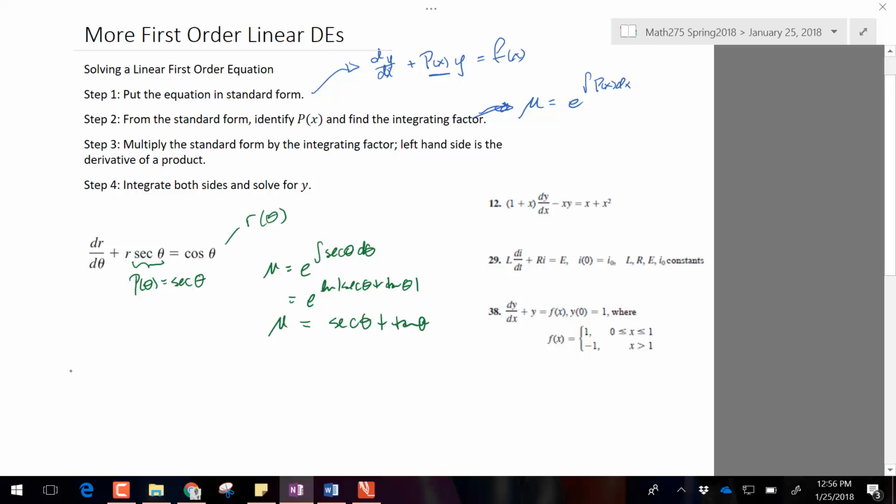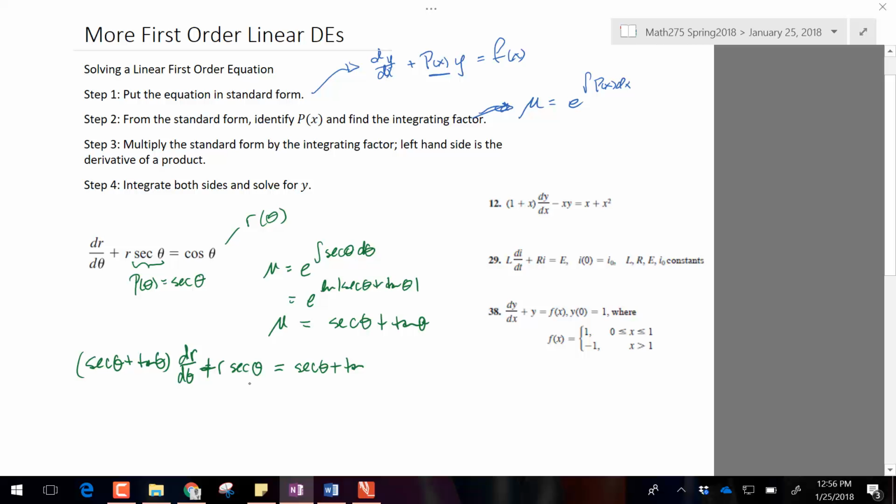So you've got secant theta plus tangent theta times dr d theta plus r secant theta is equal to secant theta plus tan theta. Oh, I need that one here too, right?